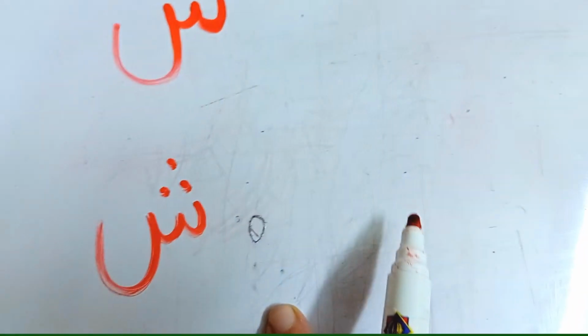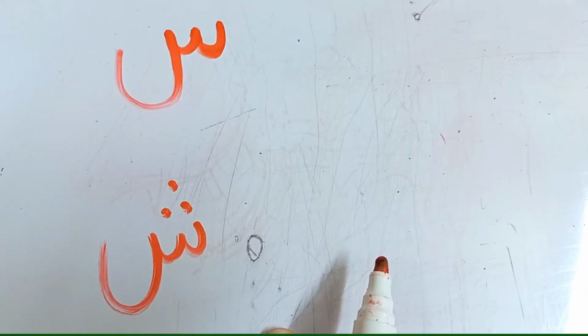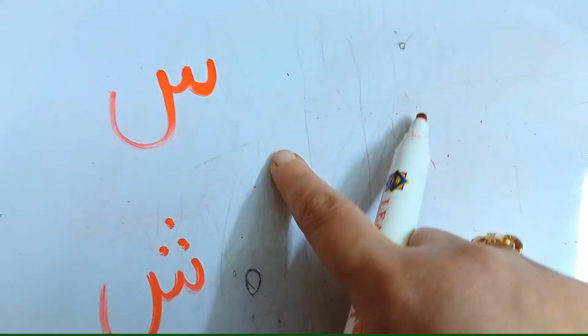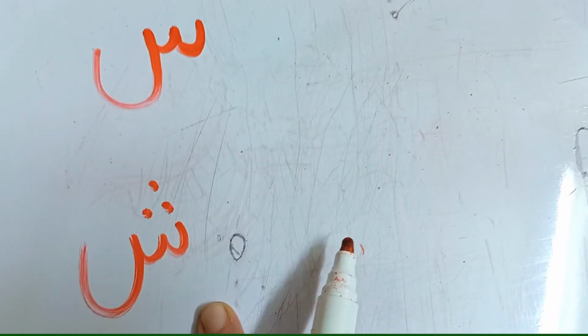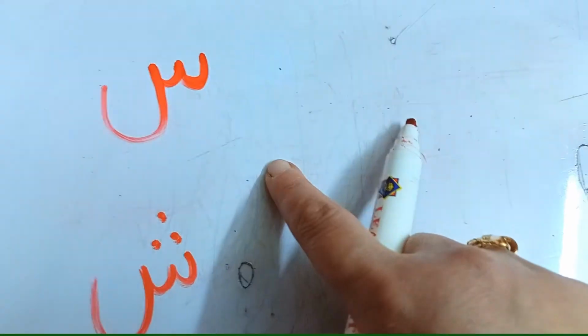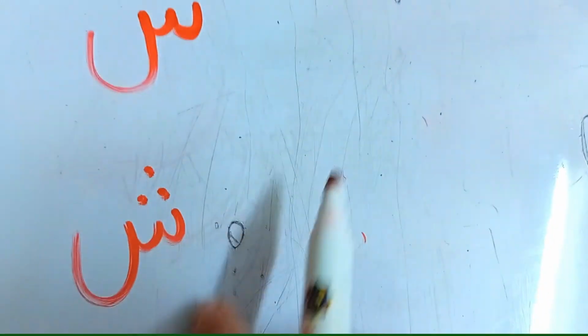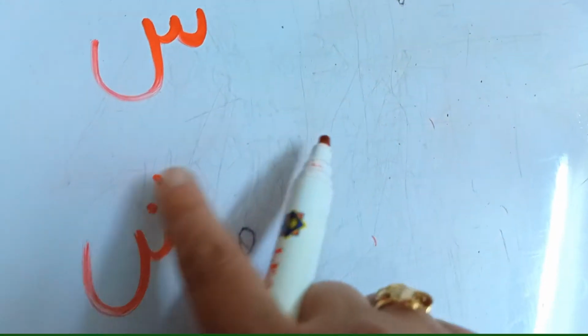So here we have the separate forms of the letters Sin and Shin. The difference between them is that Sin has no dots, but Shin has three dots above it.